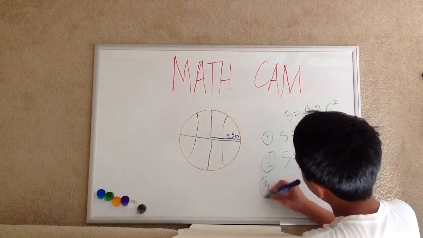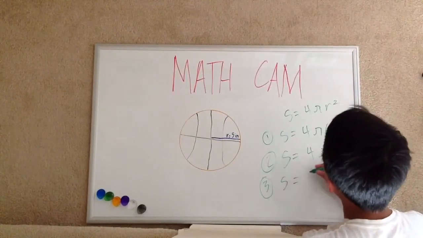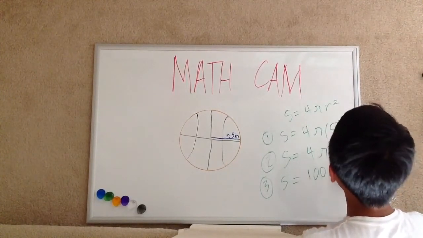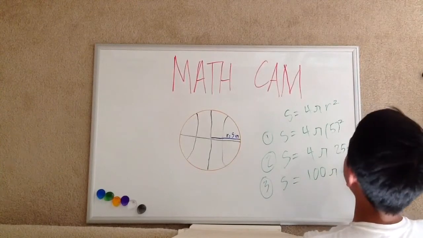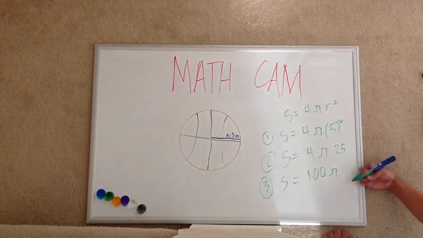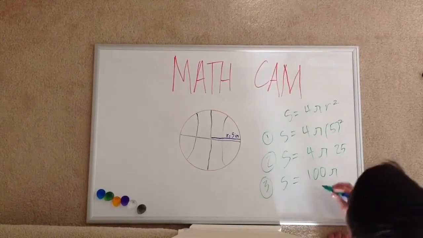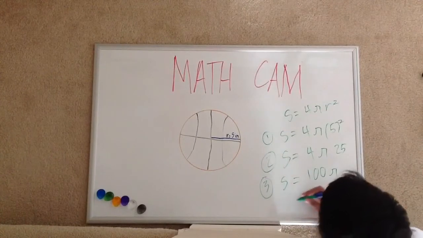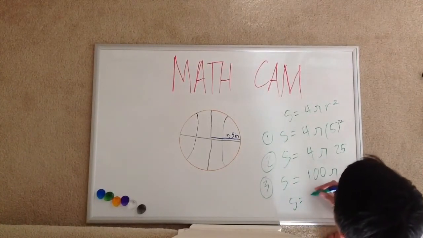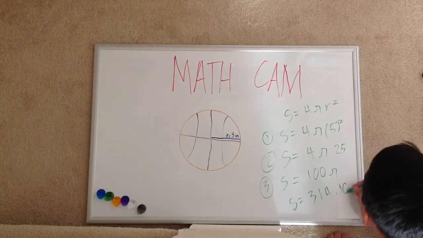Third step, we would have to multiply the 4 and the 25, and we would get 100 pi is equal to the surface area of the sphere. And if we wanted our answer rounded to the second decimal, we would have to multiply 100 by pi, and so surface area is equal to 314.16.